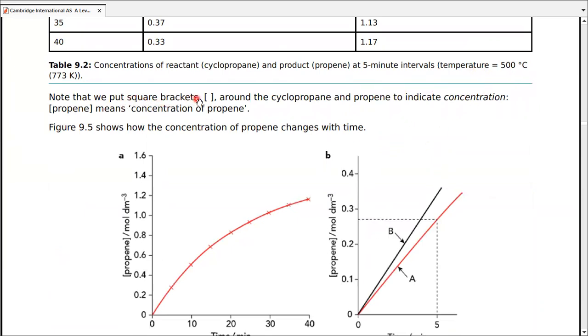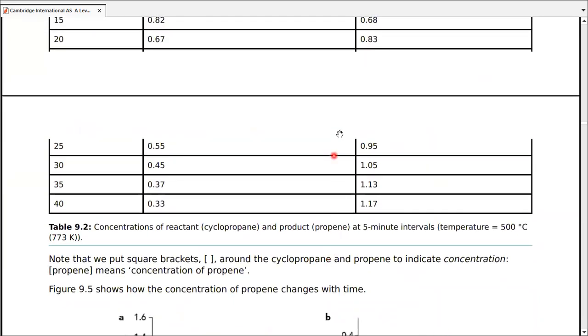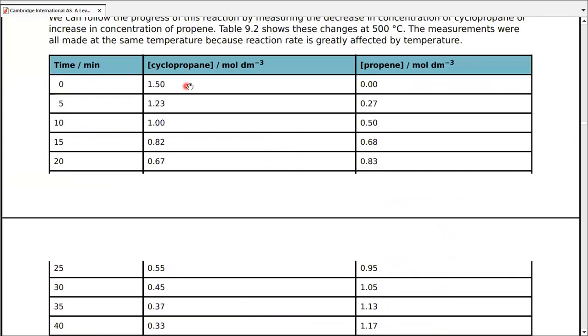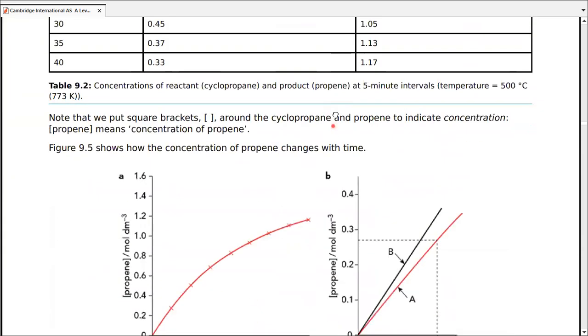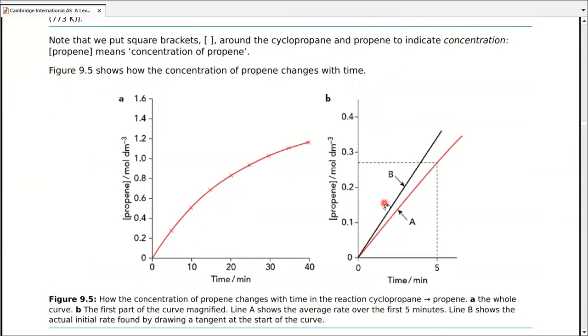Note that we put square brackets around cyclopropane and propene to indicate that the units are moles per decimeter cube. These square brackets already mean that we're talking about the concentration of propene, so you don't have to write the whole phrase. Just writing the name of the substance in square brackets automatically means concentration.